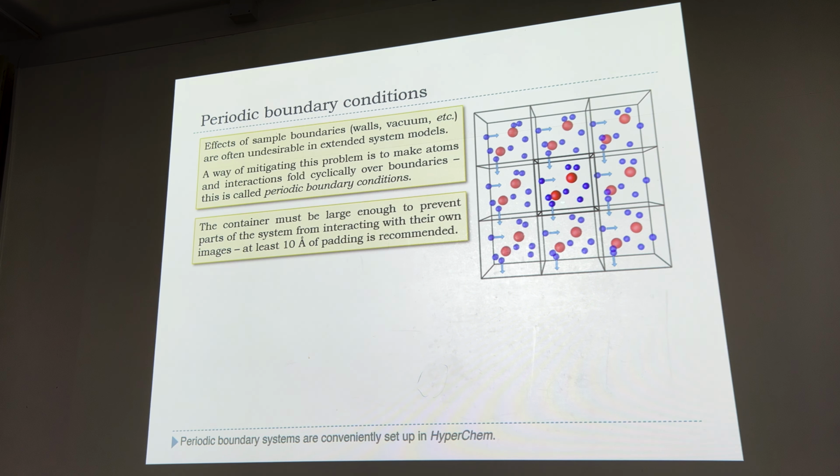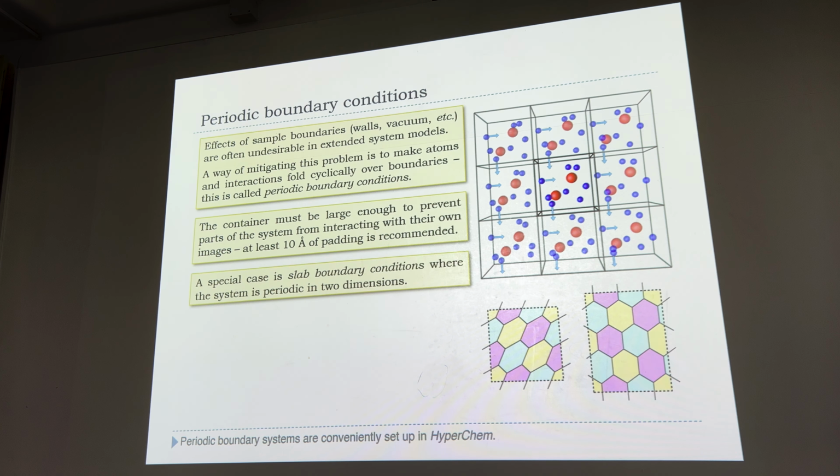This elementary cell needs to be big enough, at least 10 angstroms in condensed phases. So 10 bonds, since a CH bond is approximately an angstrom, is recommended in practice. And then, of course, it doesn't need to be rectangular. You can have hexagonal periodic boundary conditions if the unit cell of your crystal is hexagonal, so long as it's a complete tiling of 2D or 3D space.